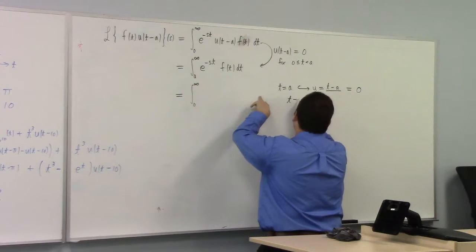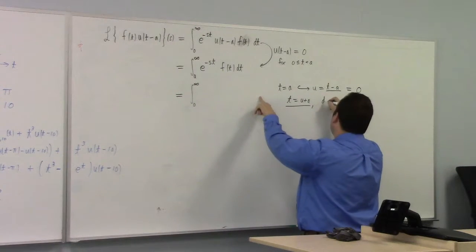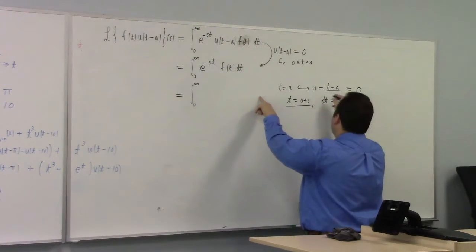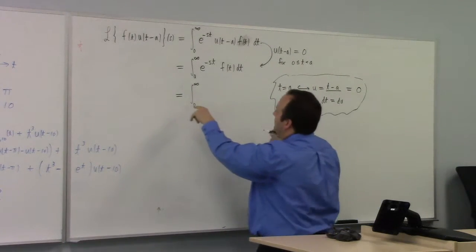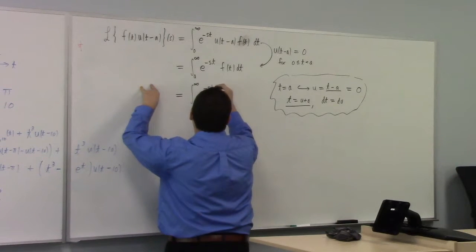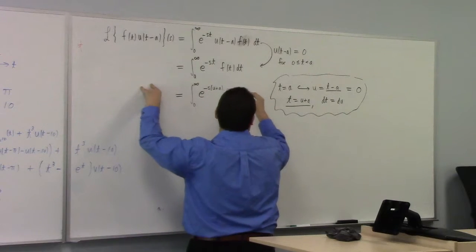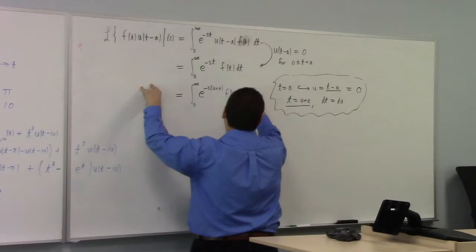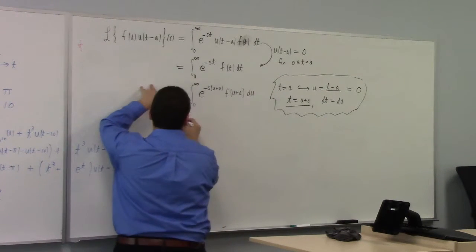Well, t is equal to u plus a, and dt is equal to du. So here's my u substitution. I have e to the minus s times u plus a, f of t is now f of u plus a, and dt is du.